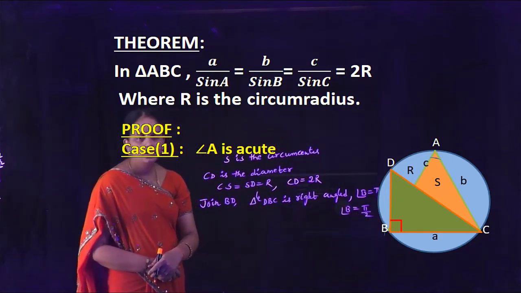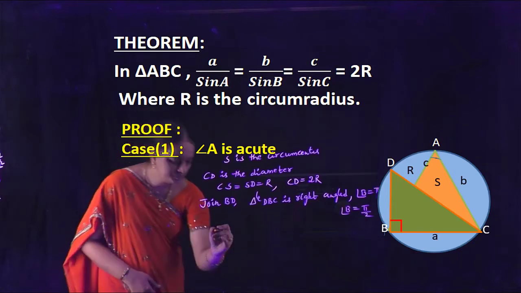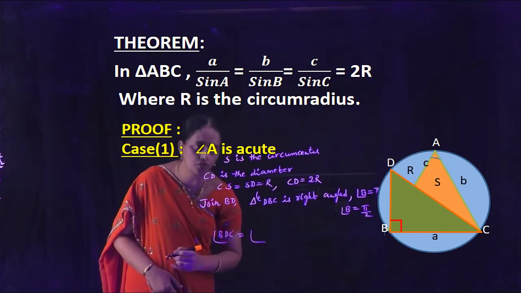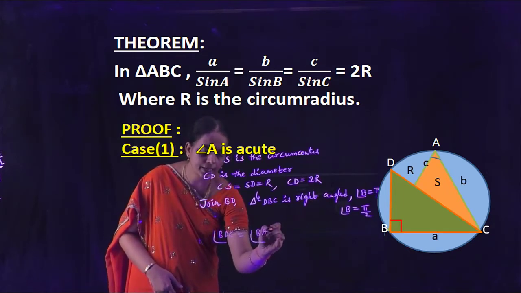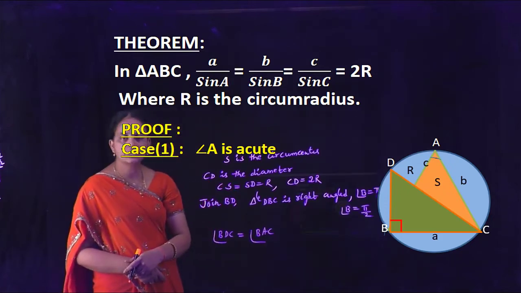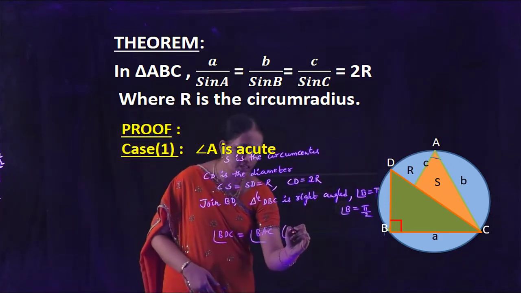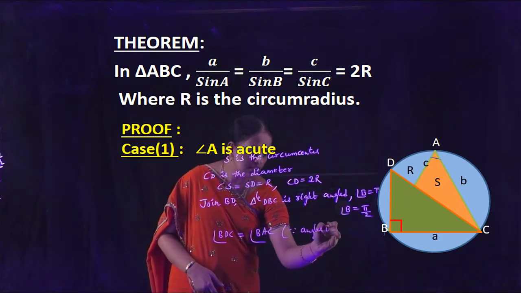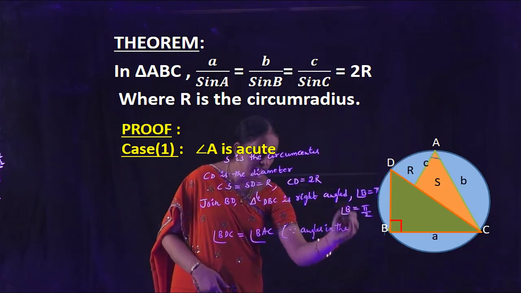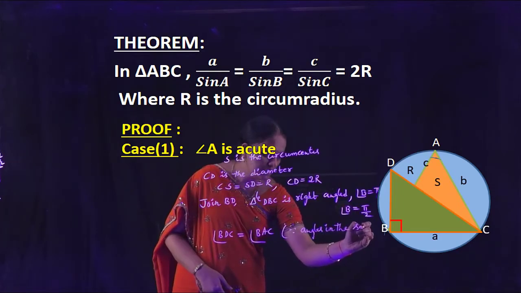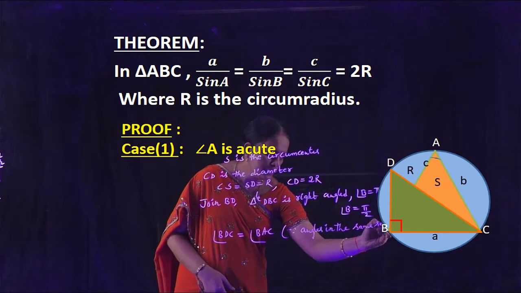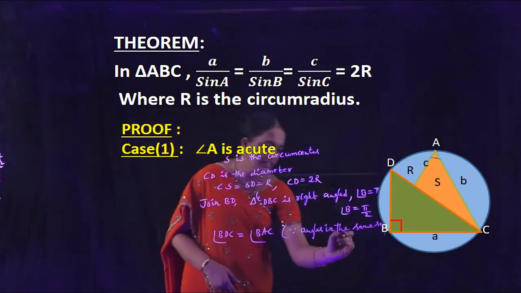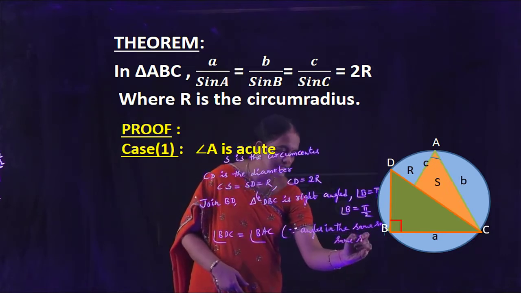From the figure, angle BDC is equal to angle BAC, since these two are angles in the same segment.